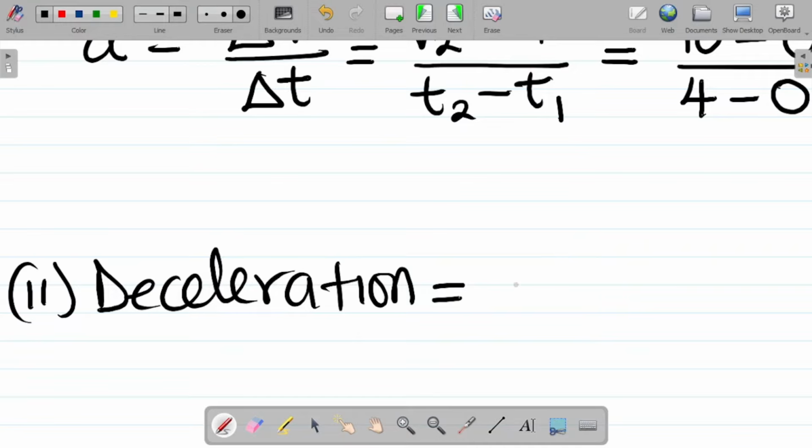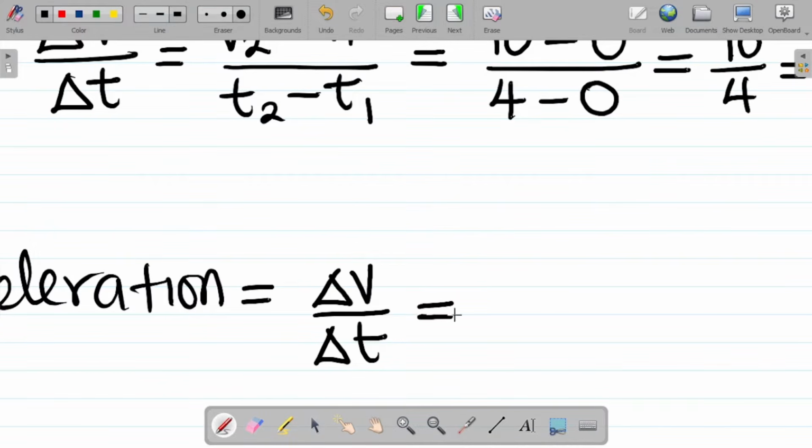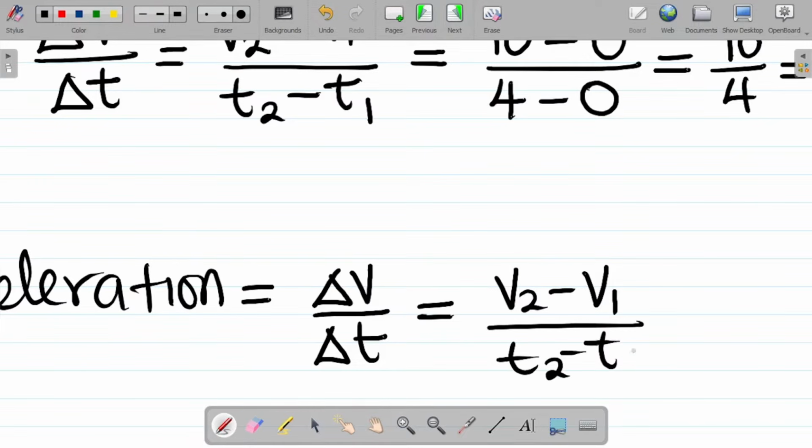But it has the same formula as acceleration, which is change in velocity all over change in time. This will be equal to V2 minus V1 all over T2 minus T1. For deceleration, we expect the value to be negative, because deceleration is called negative acceleration. It is the kind of acceleration that brings the motion of a body to rest.